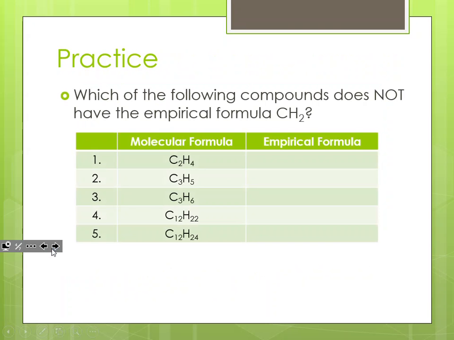So here you're looking for the compounds that do not have the empirical formula CH2. So go ahead and figure out their empirical formulas and then circle the ones that are not going to have CH2 as its empirical formula. All right, let's look here. The next one, C3H5 is already reduced to its lowest ratio, and it is not one that is CH2.